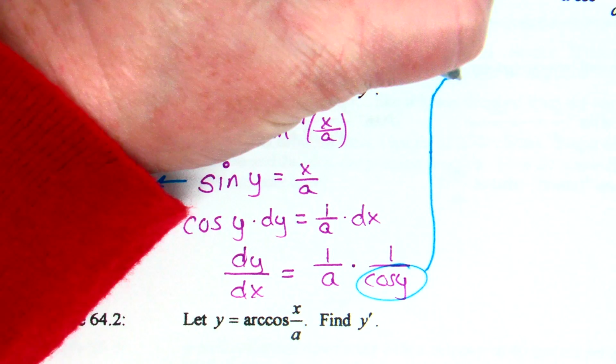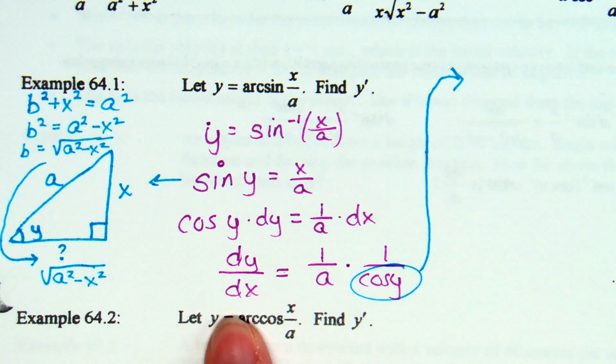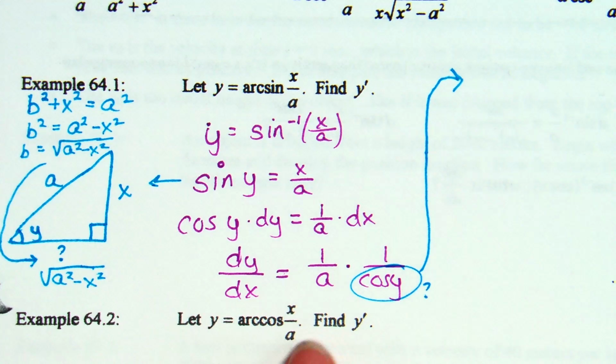We had dy dx equals 1 over a times 1 over cosine y. I want to replace cosine y. Can I find cosine y now that I've used the Pythagorean theorem? Yeah, because we found using the Pythagorean theorem, this third side is the square root of a squared minus x squared.